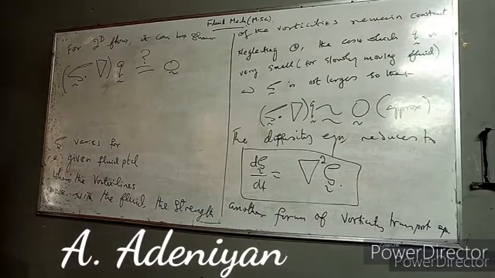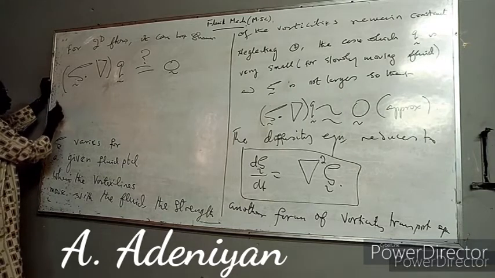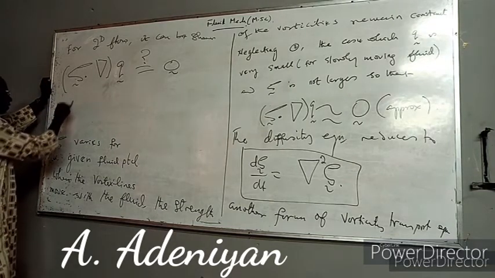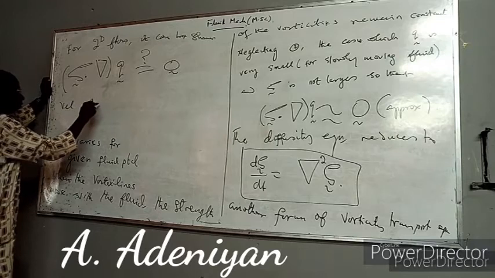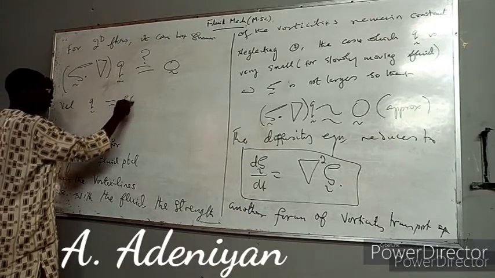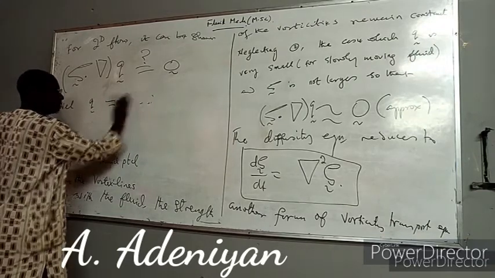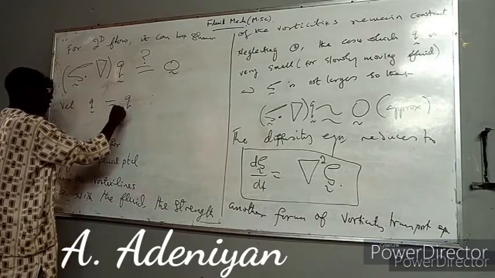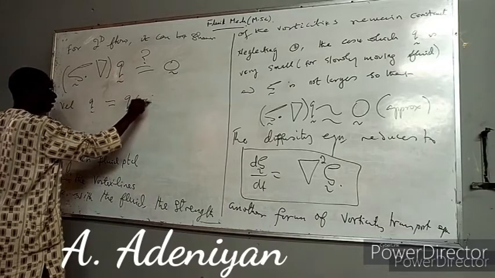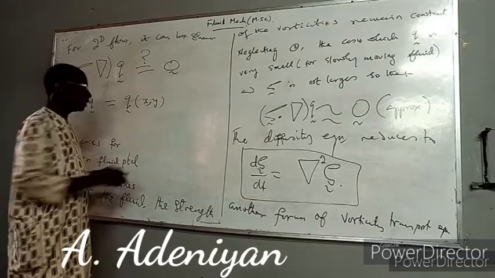Now for 2D flow, as you know, the velocity q is going to be a function of x and y, that is, it does not depend on z.